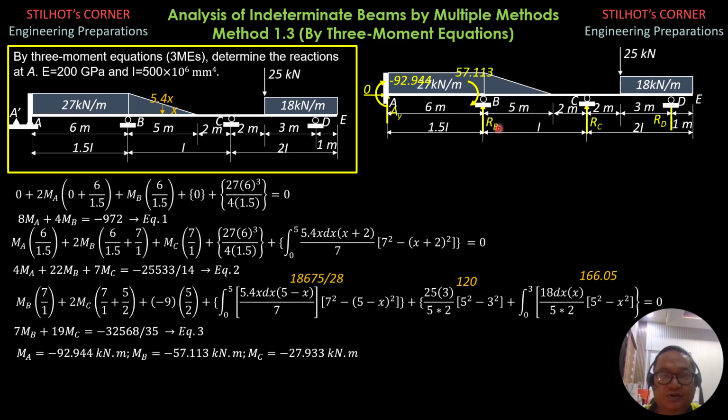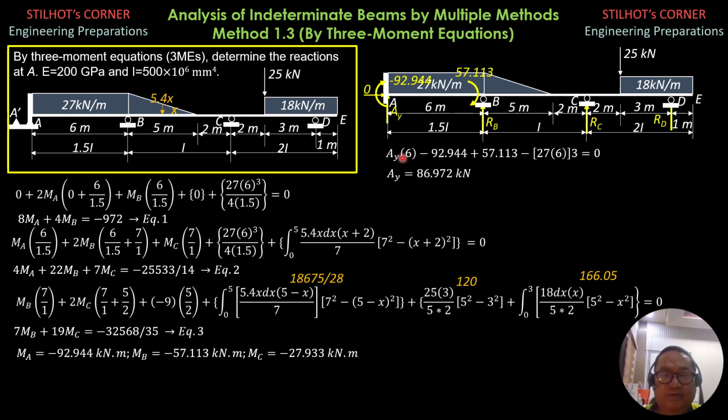Those are the reactions. So considering AB, we can analyze AY by taking moment about B equals 0. So AY times 6 plus negative 92.944 plus 57.113 equals 27 times 6 times 3. Solving for AY is equal to 86.972 kilonewtons. We then summarize the answers.